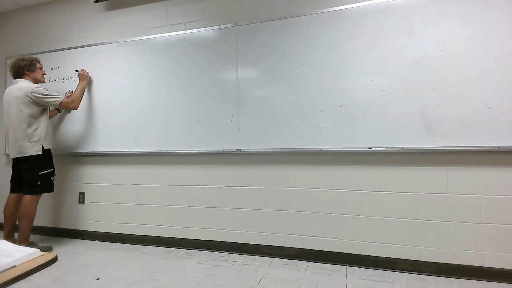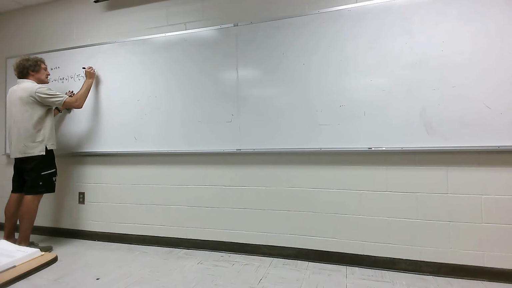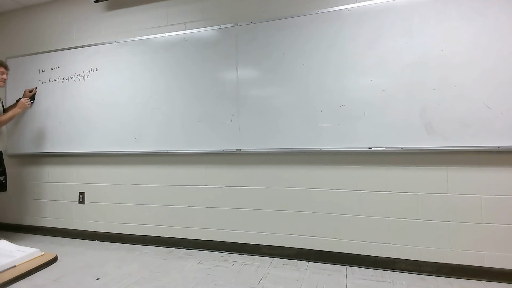Then it's times e to the minus j beta z times z. That's the E field.